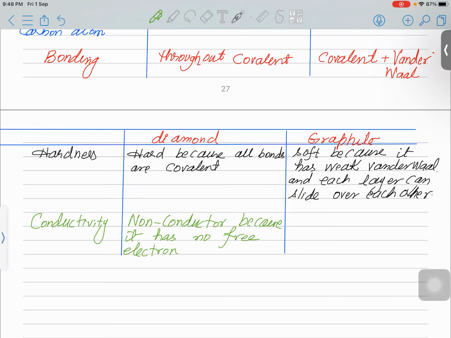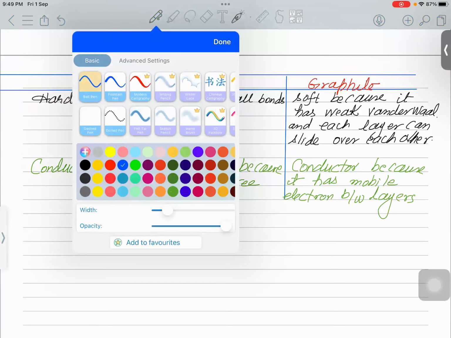And what about graphite? Sir, graphite is a conductor because it has delocalized free electrons. Exactly, because it has mobile electrons between layers.